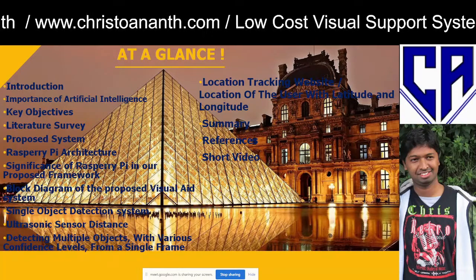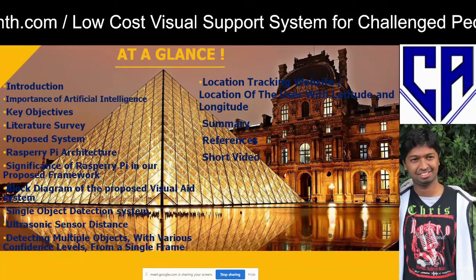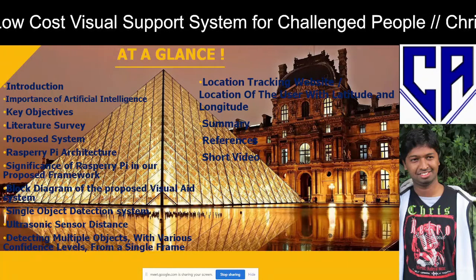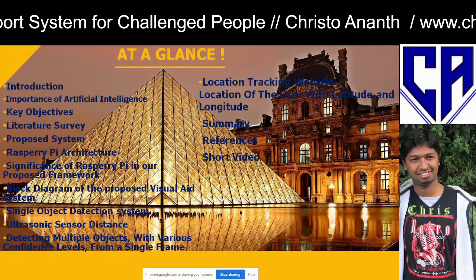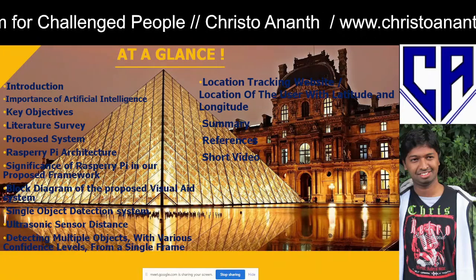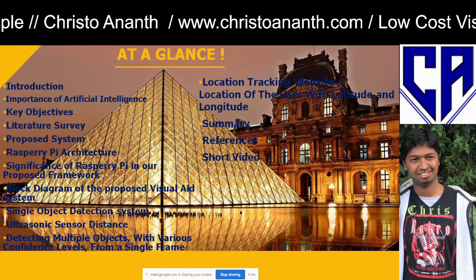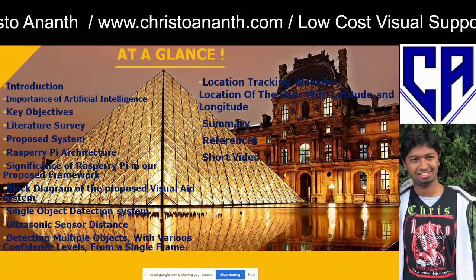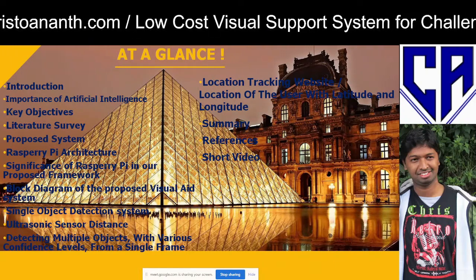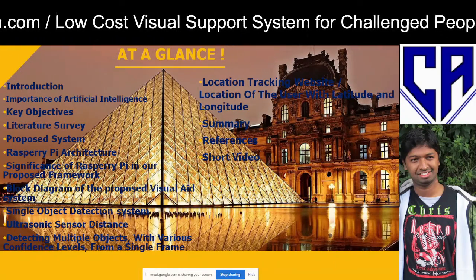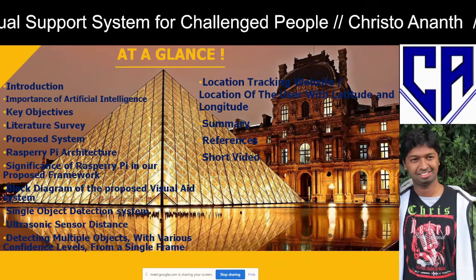So, this is what we are going to discuss at a glance. We are going to go for a short introduction, and then we discuss the importance of AI, and then I discuss some of the key objectives of this research paper. I bring out some literature survey, some papers which I have referred to, and of course, the proposed system I would be sharing with you, with the Raspberry Pi architecture, the significance of Raspberry Pi in our proposed framework, and then I'll discuss the block diagram of the proposed visual aid system.